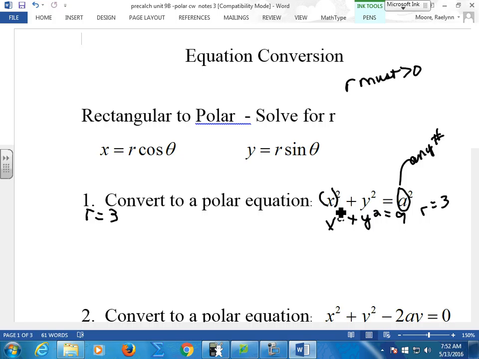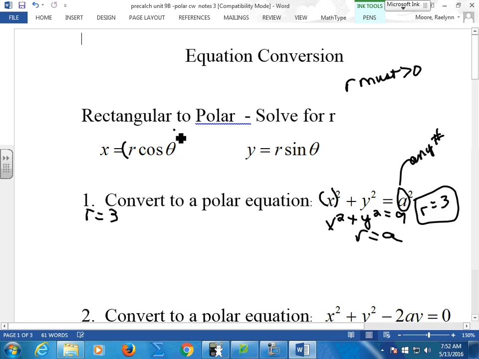She's saying if that was the equation, x squared plus y squared equals 9, if that was given, we're going to convert it, but shouldn't it be r equal to 3 when we finish? Or r equal to a? When we do the conversion, shouldn't we come out with that? Yeah, because that's how we graph it on your polar. r equals 3, r equals 5, r equals 7. All it is is a circle. This is an equation of a circle.